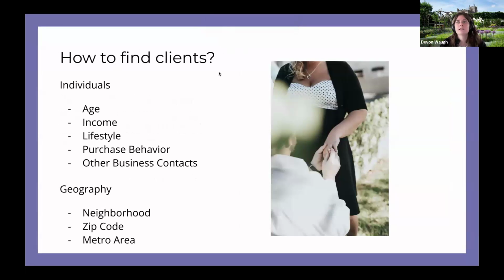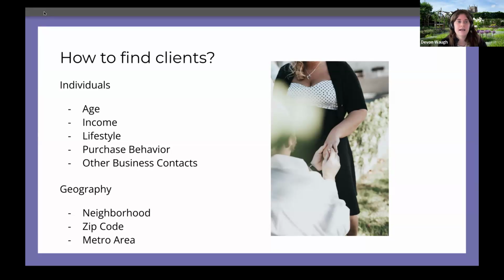Often with these wedding planning businesses, they start off by suggesting test clients, so planning weddings for a friend or a colleague, somebody you know, and then working from there and building that local client list. But you can look at Data Axle and maybe say, I want to prioritize a particular neighborhood, maybe a particular lifestyle or purchase behavior as well to add in.